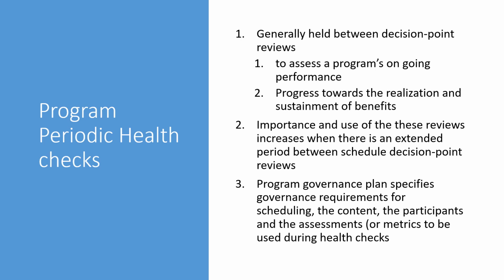If there are very few decision point reviews, you can have more periodic health checks. When there are more decision point reviews, you can reduce the periodic health checks. The program governance plan again specifies the governance requirements for scheduling, the content, the participants, and the assessment used during the health checks.